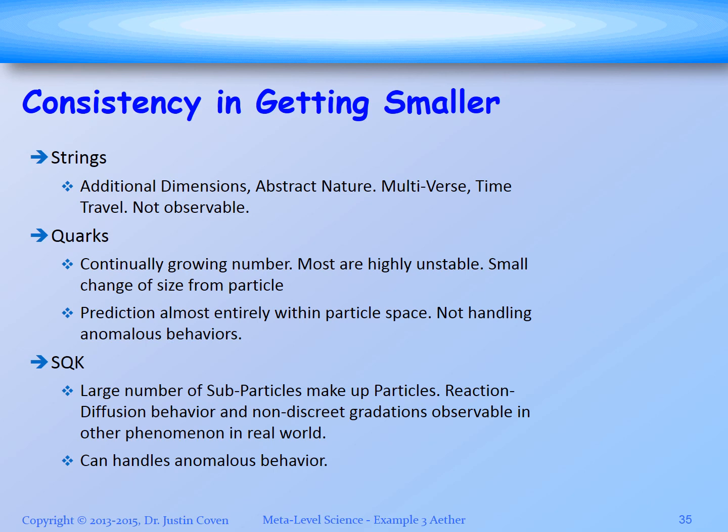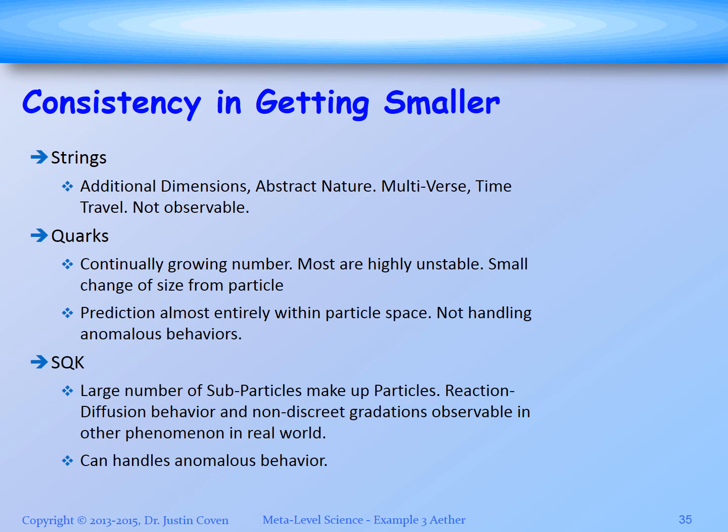With quarks, we're continually seeing a growing number of particles. Most are highly stable. There is also a small change of size from particle to quark, a basic 3-to-1 ratio, never any greater.